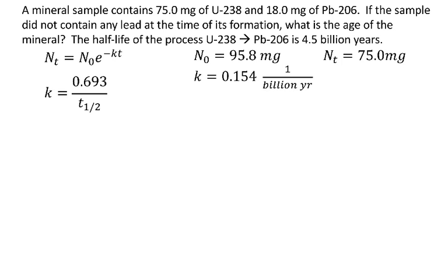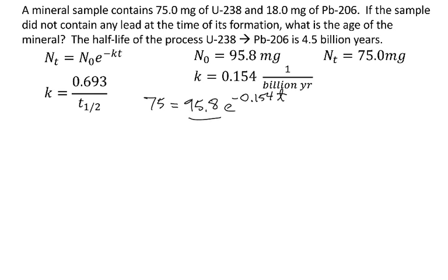All right, so I've collected everything we know so far. I've got my N0, my NT, and here's the k we found on the last slide. Now I can say NT equals N0 e to the minus kt, and t is what we're solving for.